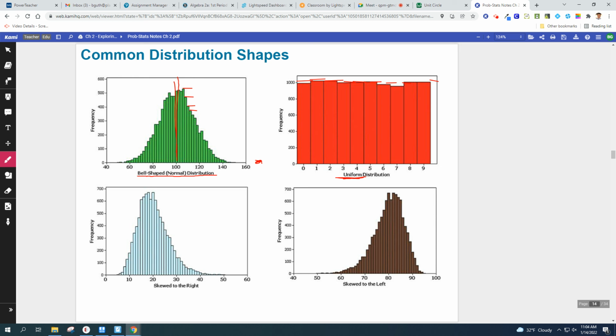Next one. To me, this seems backwards. When it says skewed to the right, it just feels like that's backwards. It feels like the shape is skewed to the left. So understand that they're talking about this tail. All right, the longer tail is to the right.